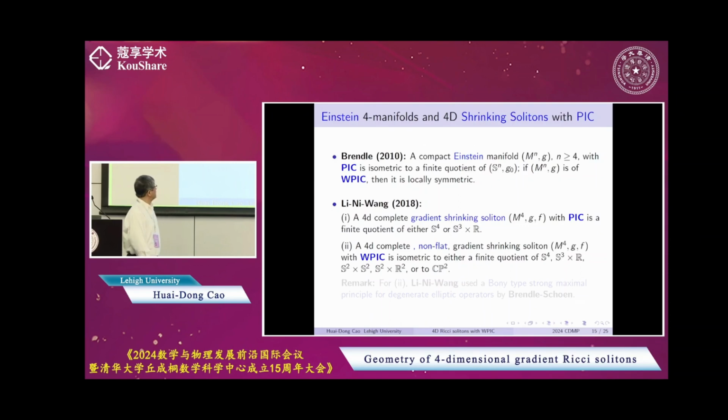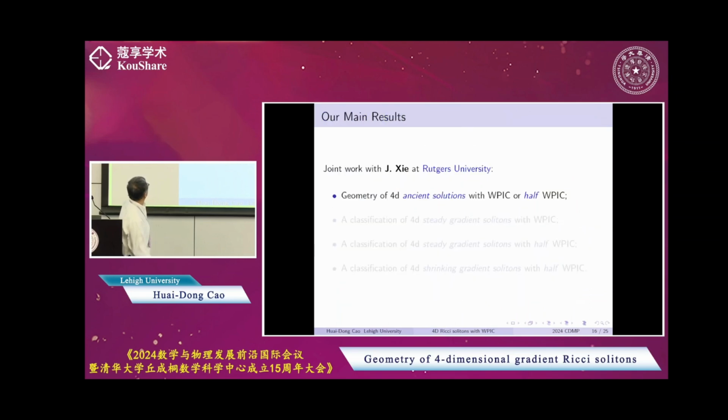And so what I'm going to talk about is the static case, or ancient solutions, with half-PIC, which is what we're really concerned about. So first of all, this is joint work with my former student, Junming Xie, now at Rutgers University.